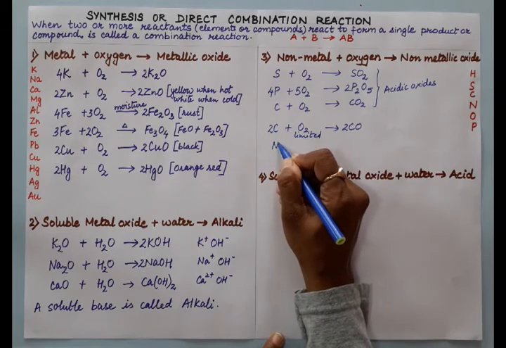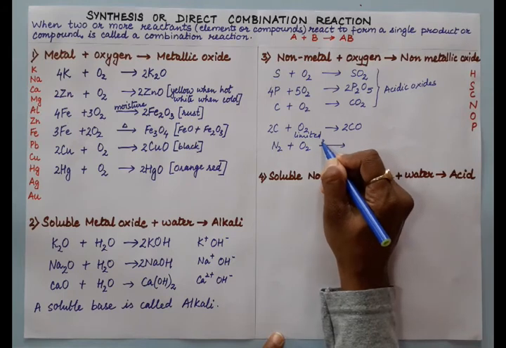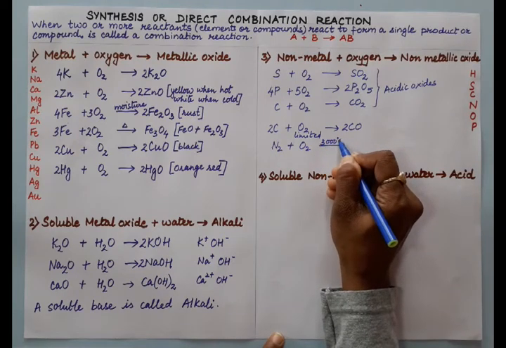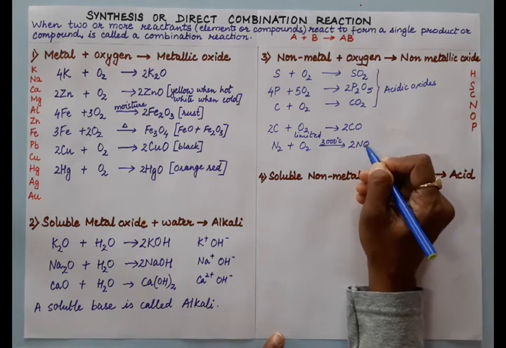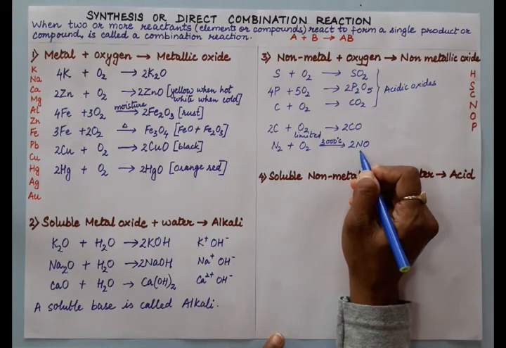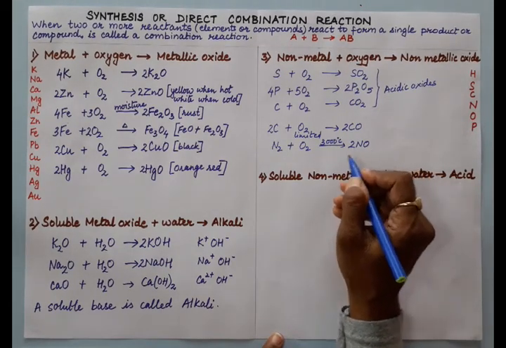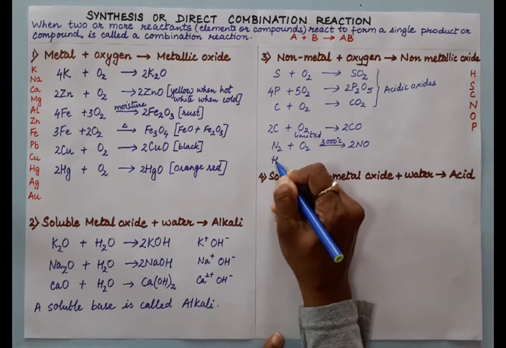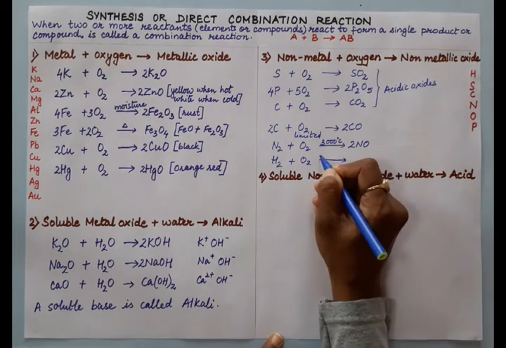Here when nitrogen reacts with oxygen in the presence of air at 3000 degrees Celsius temperature, when lightning occurs, we get NO, nitric oxide. This nitric oxide, being unstable, further reacts with oxygen to form nitrogen dioxide. Now the next reaction is when hydrogen reacts with oxygen in the presence of an electric spark.